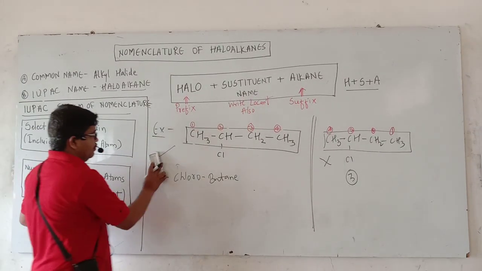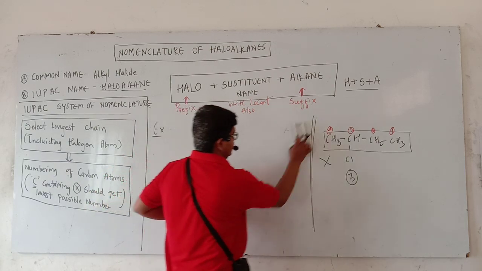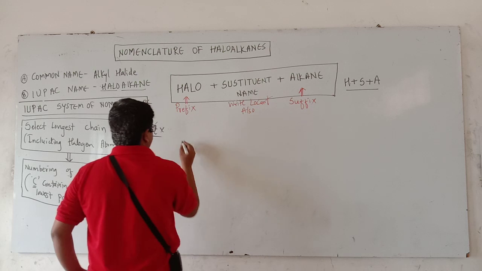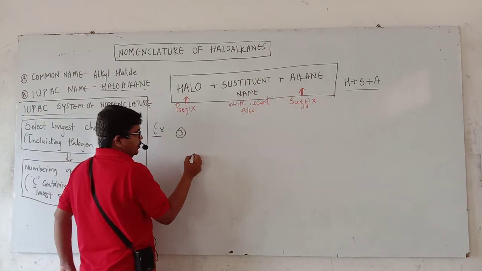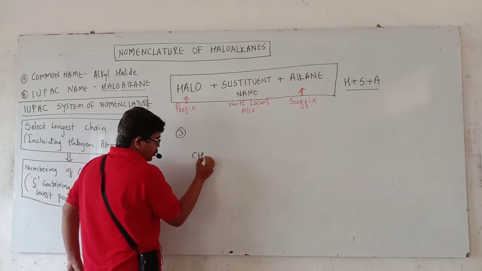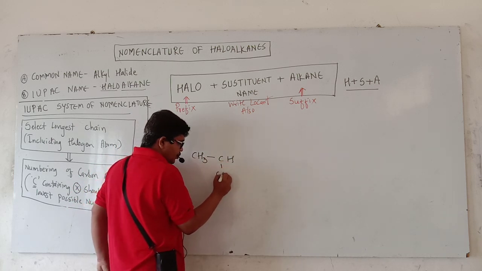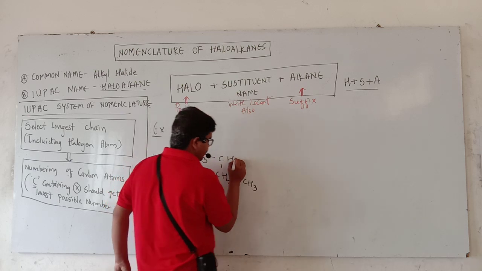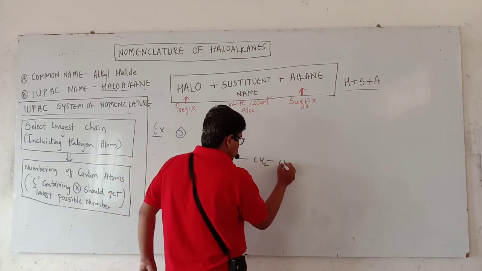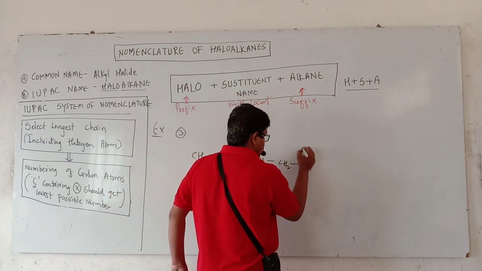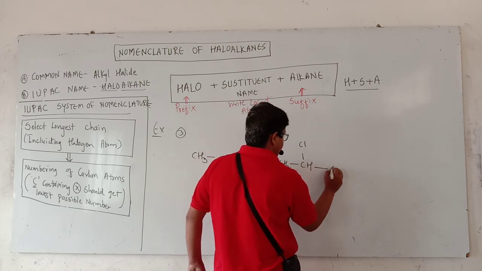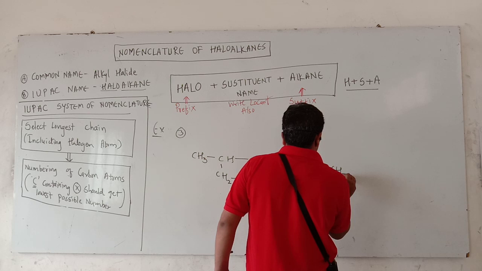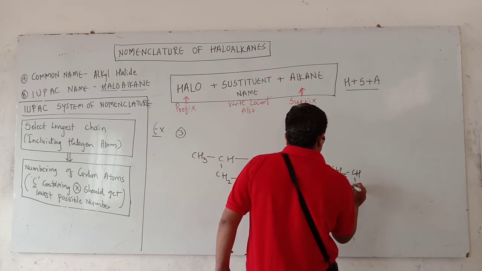Now next example. Number 3. CH3, CH, CH2, CH3, CH2, CH2, CHCl, CH2, again CH.